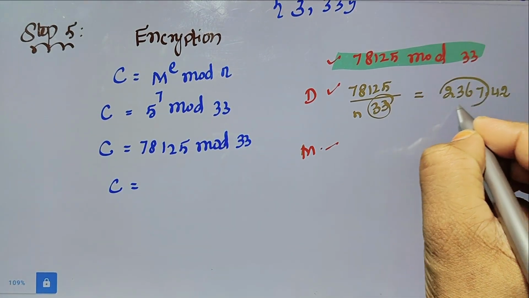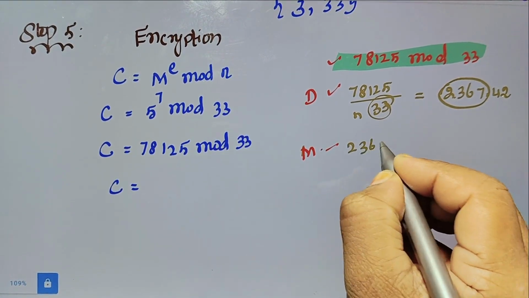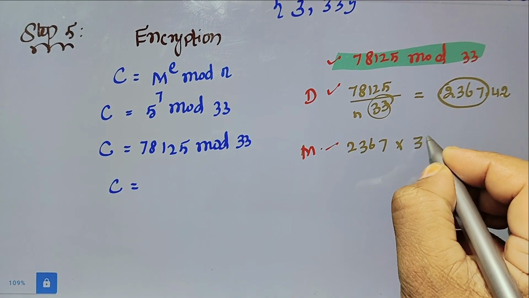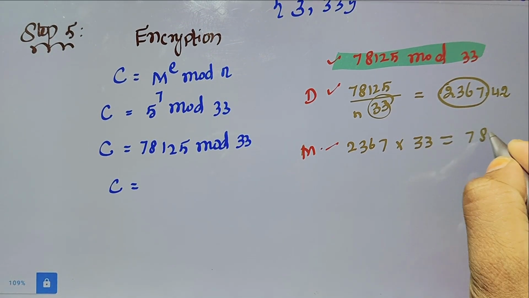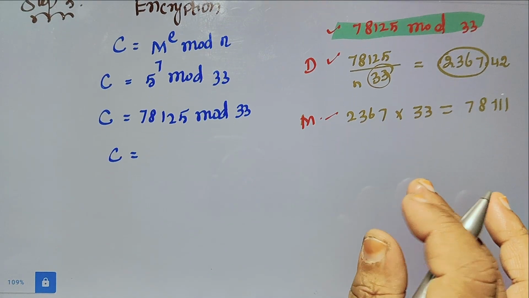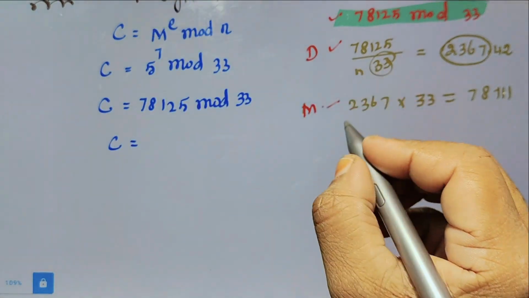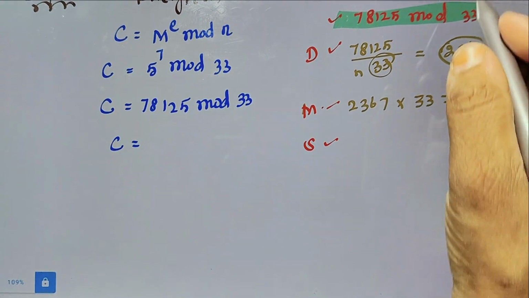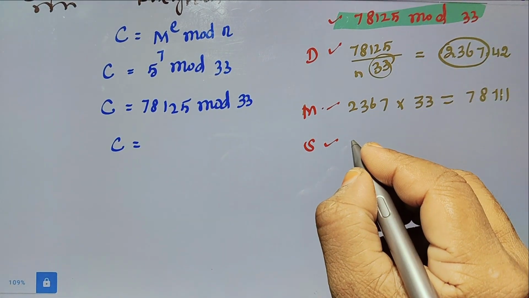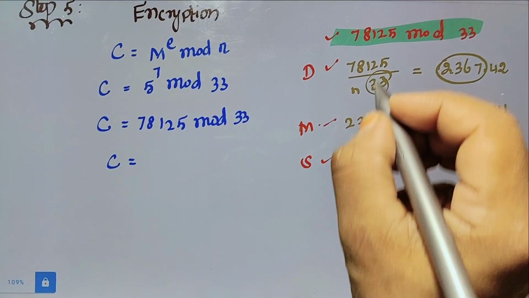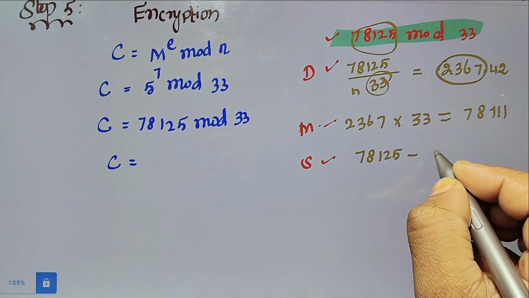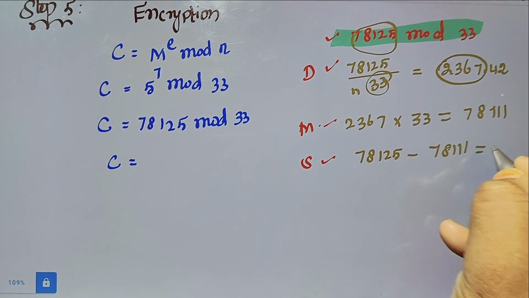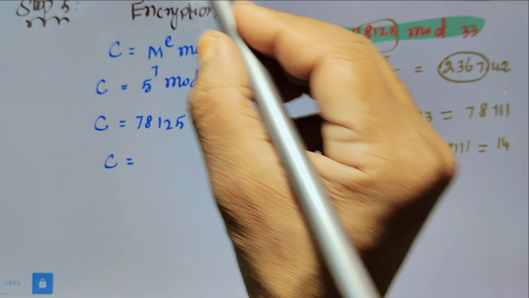Take this rounded value, 2367 into 33. By using calculator, the value of multiplication is 78111. Next is subtraction. Take first the given number, 78125 minus 78111. The answer is 14.